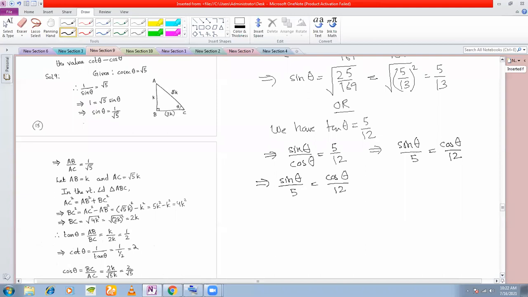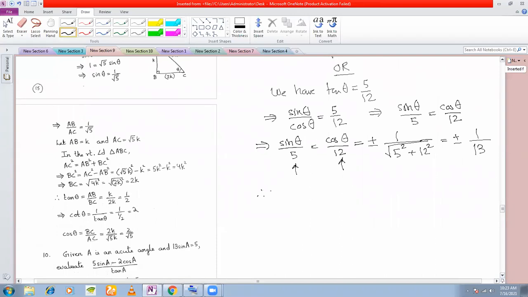There is a property of ratio and proportion, which we shall be discussing later in class 10, that this ratio will always be equal to plus or minus 1 by the square root of 5 square plus 12 square. So this is equal to plus or minus 1 by, if you calculate this, you'll get 13.